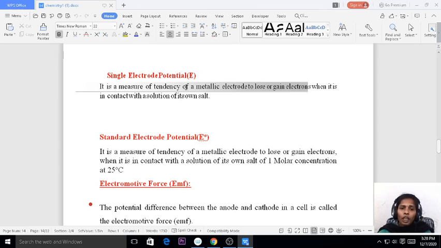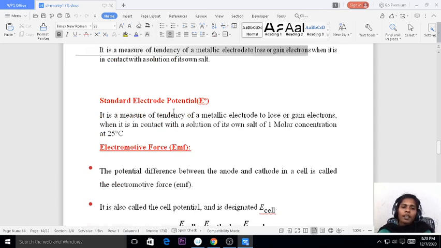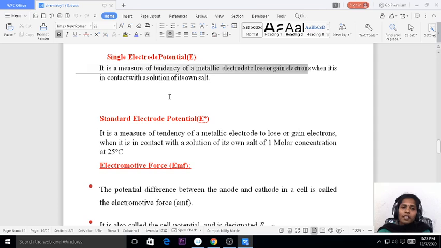The symbol of electrode potential is capital E. Now let us see the next one, the standard electrode potential. What is the difference between single electrode potential and standard electrode potential? In single electrode potential, either the metal undergoes oxidation or reduction when dipping in its salt solution.